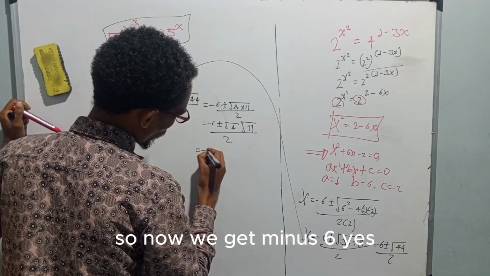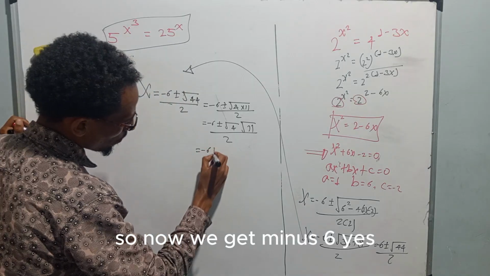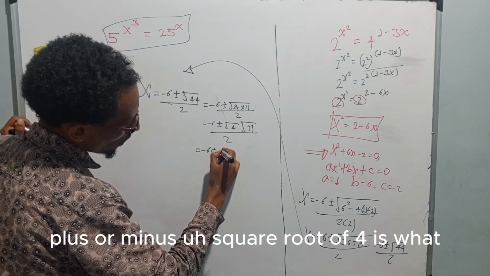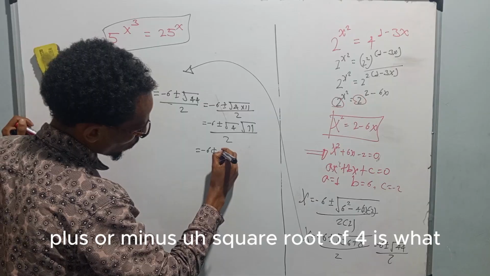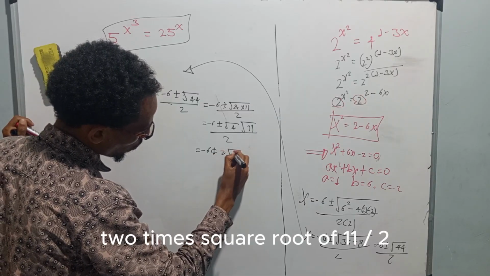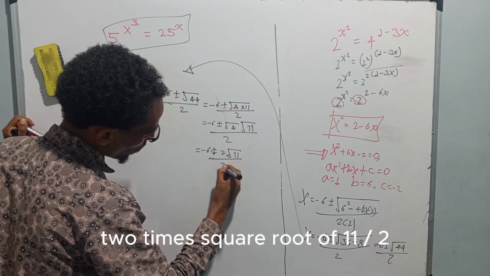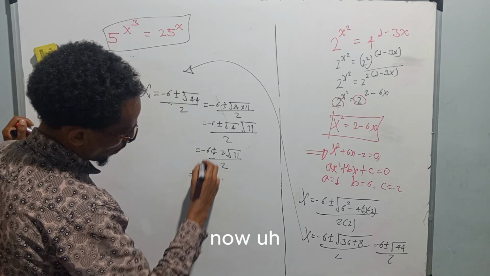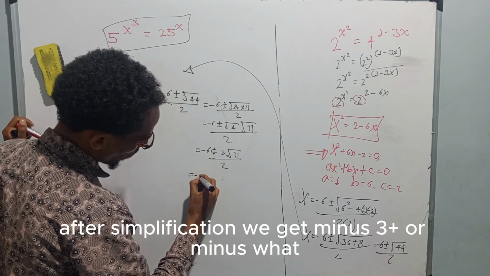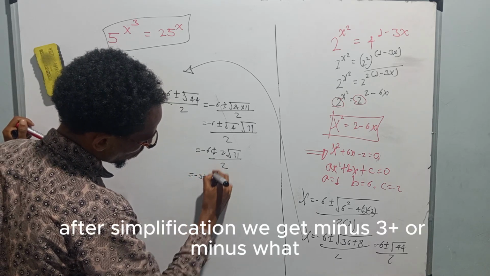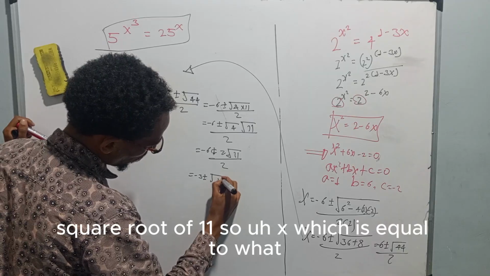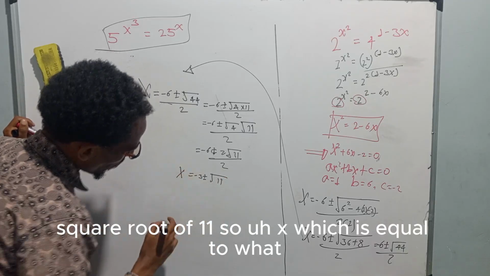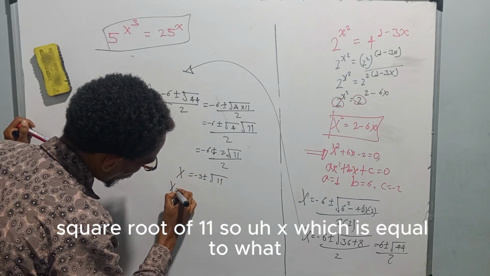The square root of 4 is 2, so we get 2 times the square root of 11, divided by 2. Now after simplification we get minus 3 plus or minus the square root of 11.